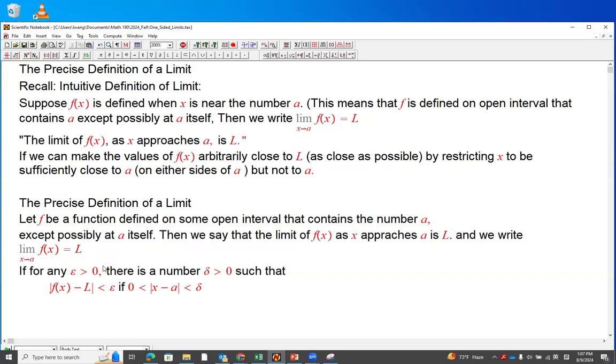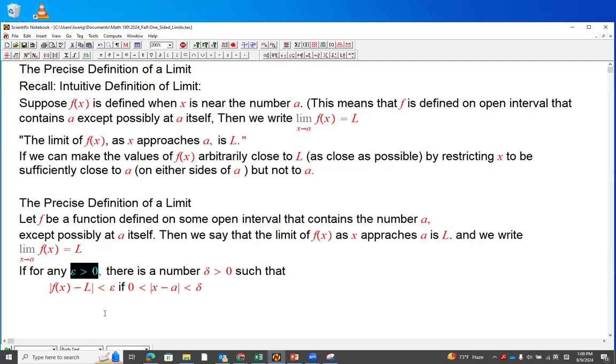But here, what distinguishes the precise definition from the intuitive definition is the following sentence. For any epsilon greater than 0, for any positive number, there is a number delta such that the absolute value of f of x minus L is less than epsilon if x minus a is less than delta.